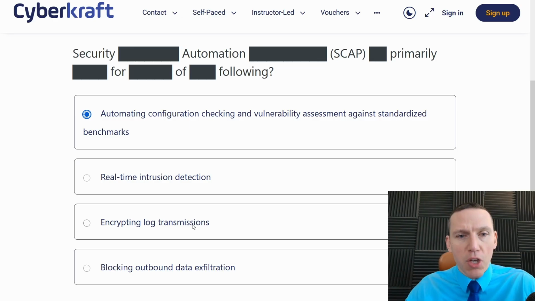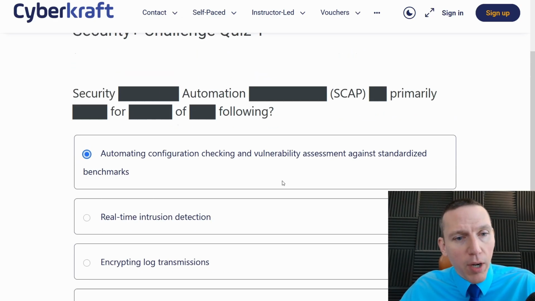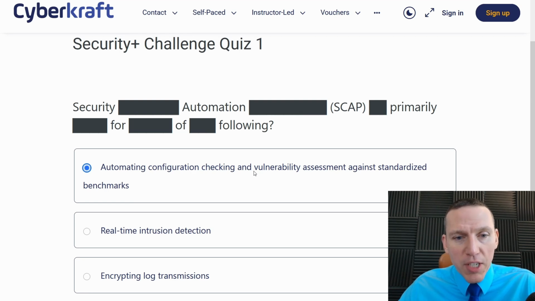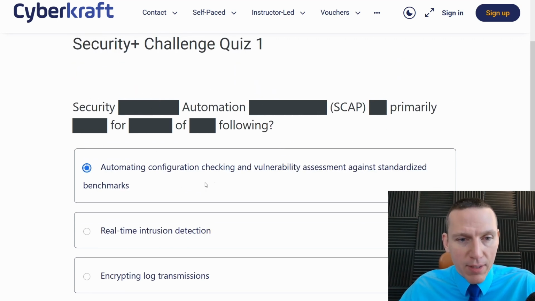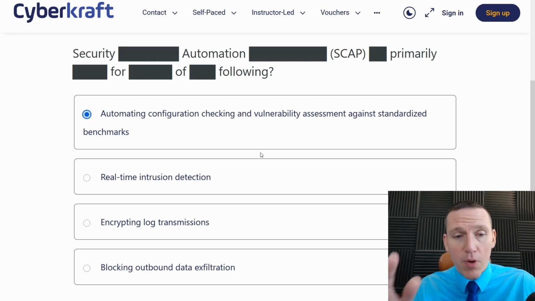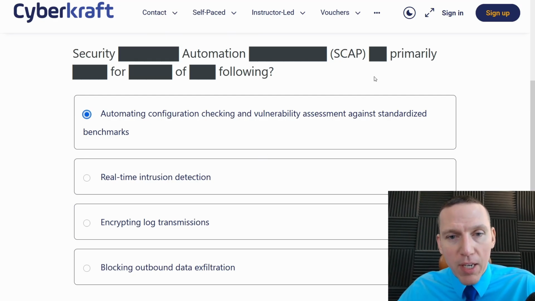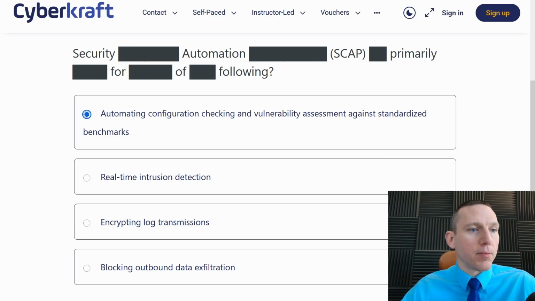Yeah, I think it's Security Content Automation Protocol. I could be wrong. Automated configuration, checking, and vulnerability assessment against standardized benchmarks. Yeah, so I think SCAP is this. It's automated configuration. I was completely wrong about the log file, thinking of something different. SCAP is primarily used for which of the following? Yeah, I think this is it. The first one. Okay, good.